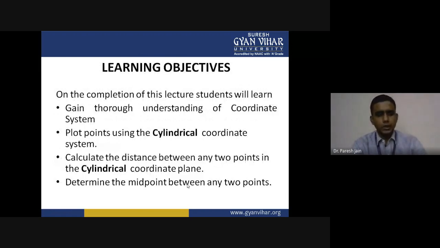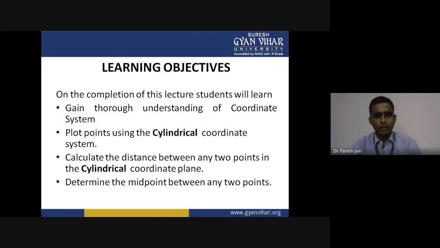Next, we have the learning objectives. On the completion of this lecture, the student will gain an understanding of the concept of the coordinate system, and will be able to plot a point using the coordinate system.